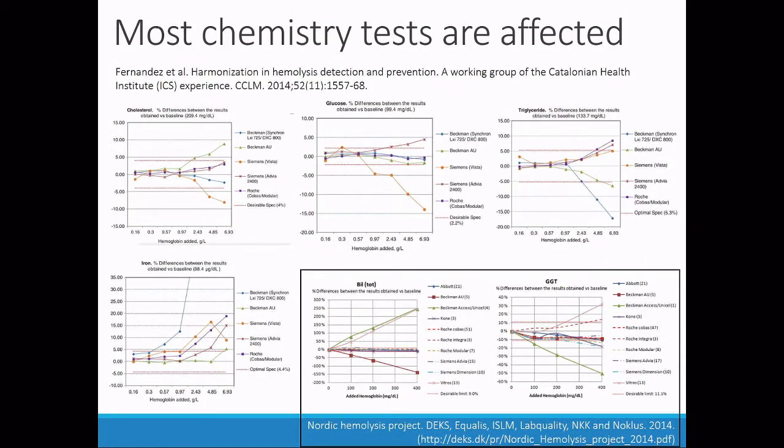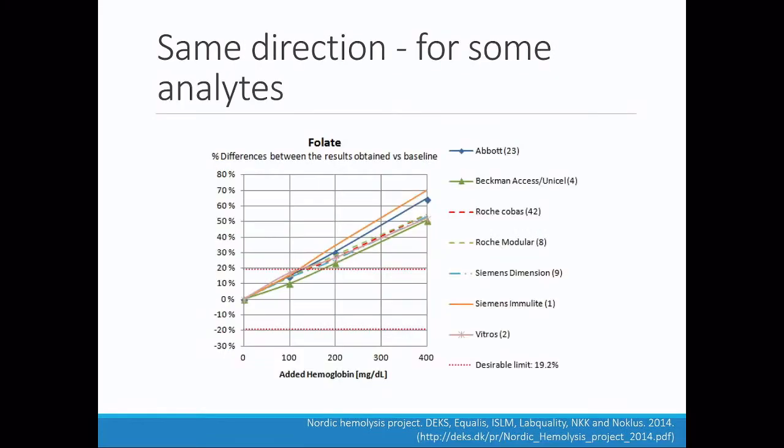This has been nicely illustrated by a couple of studies, and I will share with you the results of the 2 most frequently cited. The first one was done by my dear Catalonian friends, and the second one by the Nordic colleagues. I'll share with you some examples.